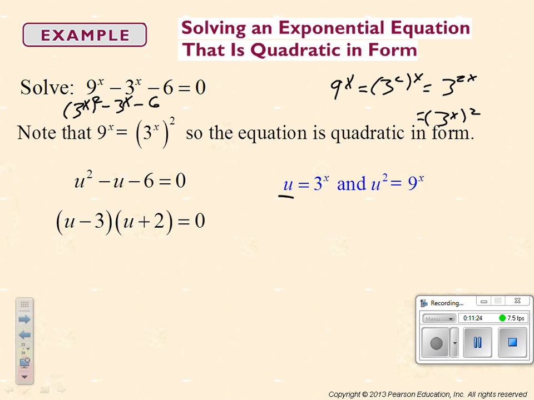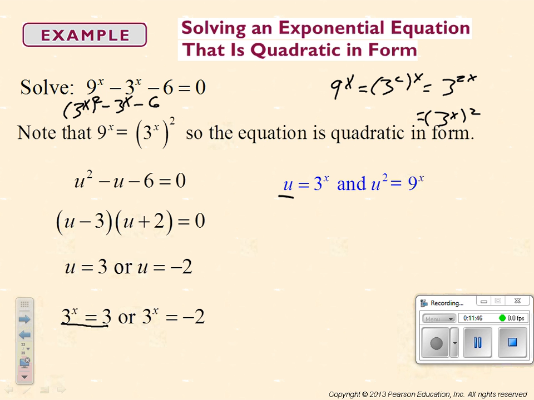Now I'm trying to solve this thing for x. So I end up with u is 3 or u is negative 2. And remember, u was simply 3 to the x. So it works out as 3 to the x equals 3, or 3 to the x is negative 2. How do I solve that?